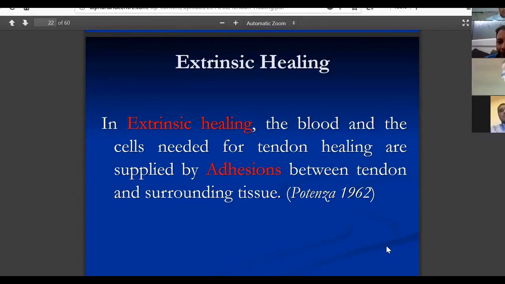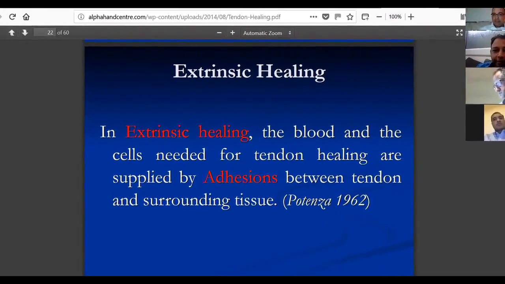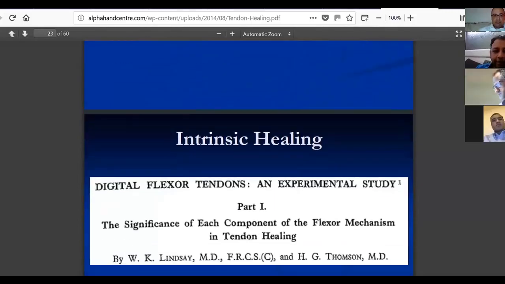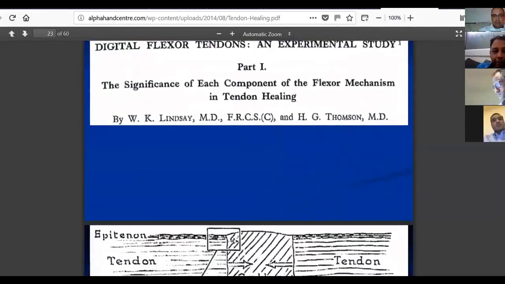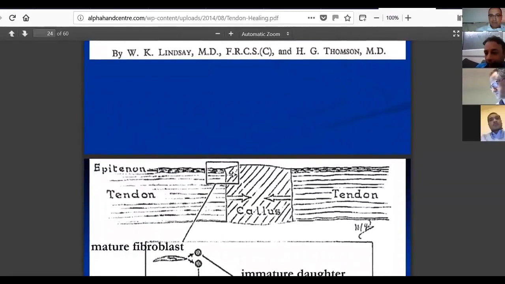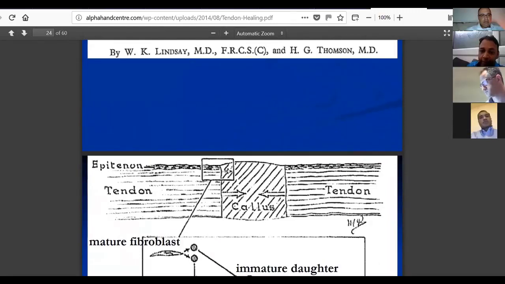So extrinsic healing is with adhesions, while intrinsic healing is like the primary intrinsic healing we have in bone. The same healing in the tendon is intrinsic healing.